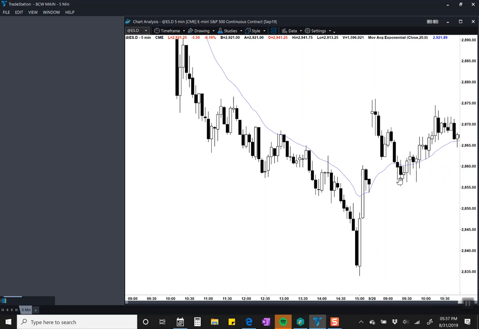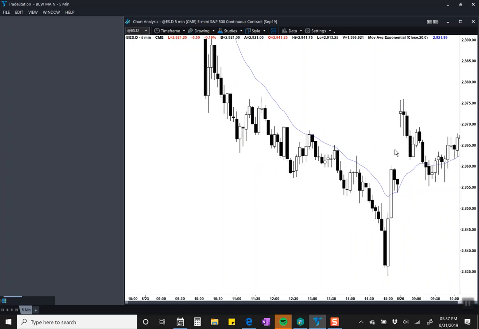And at some point, when you see a bear leg in a trading range, you expect a bull leg in a trading range. Why? Because think about the name. A trading range implies both price action. You go down, then you go up, or you go up and you go down. So if this is a bear leg in a trading range, eventually we're going to have a bull leg in a trading range. If this is a bull leg in a trading range, eventually we'll have a bear leg in a trading range.